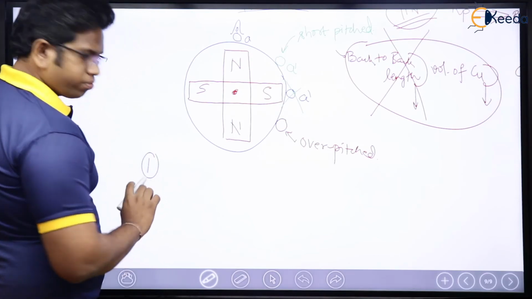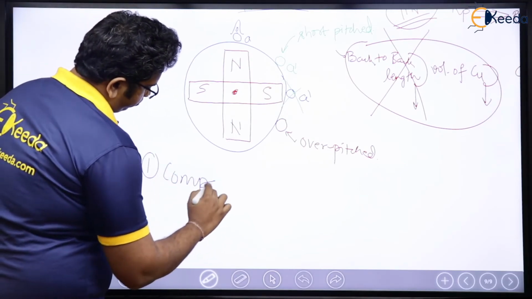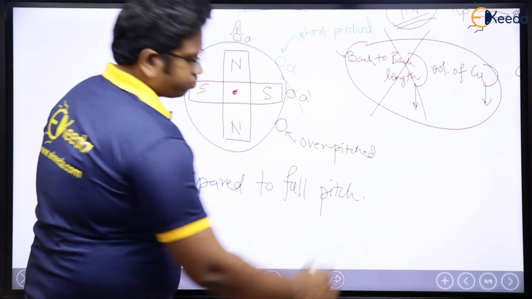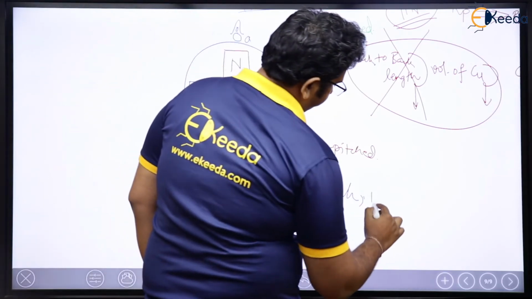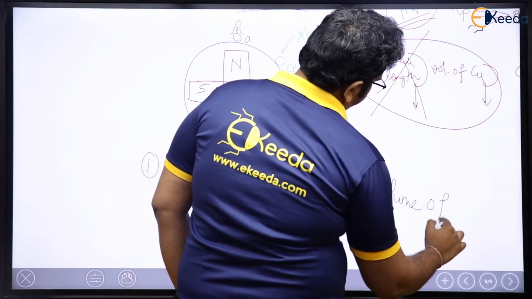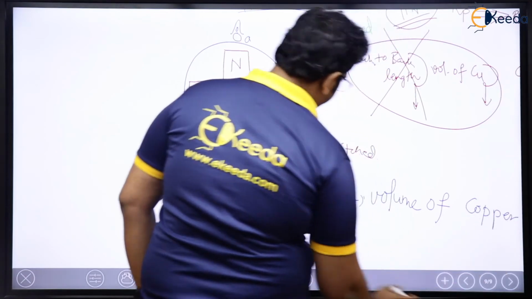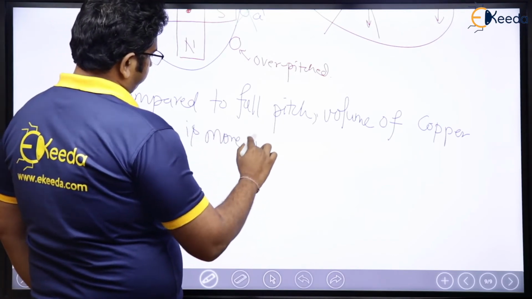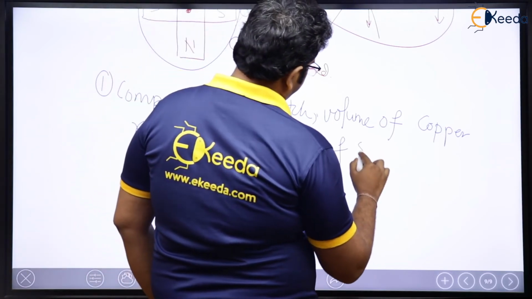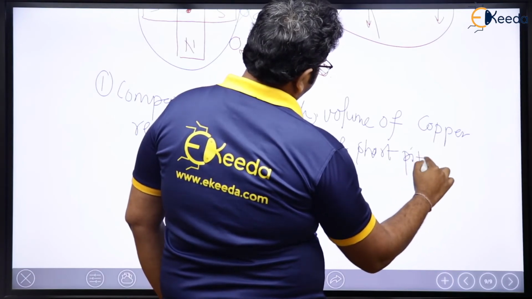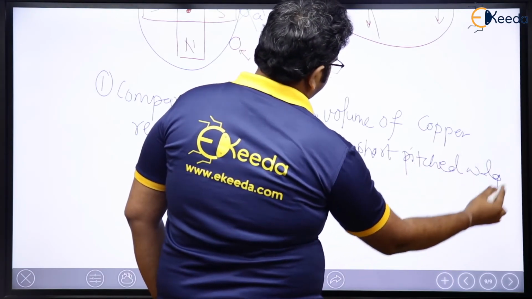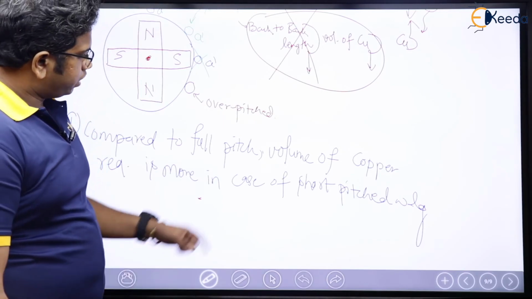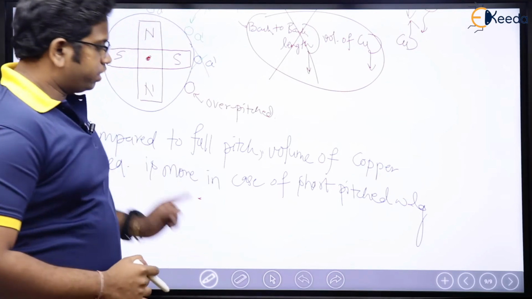Their interpretation is very simple. Compared to full pitch winding, the volume of copper required is more in case of short pitch winding.